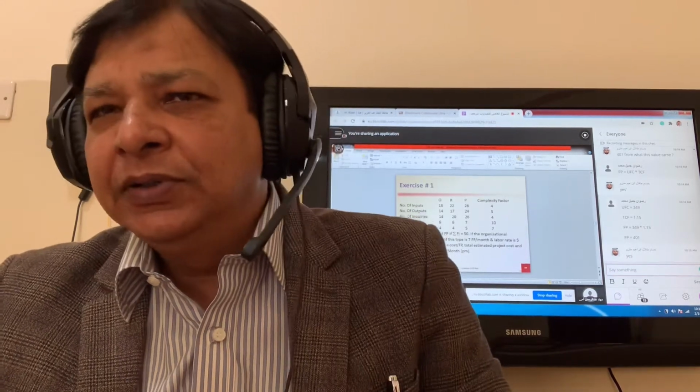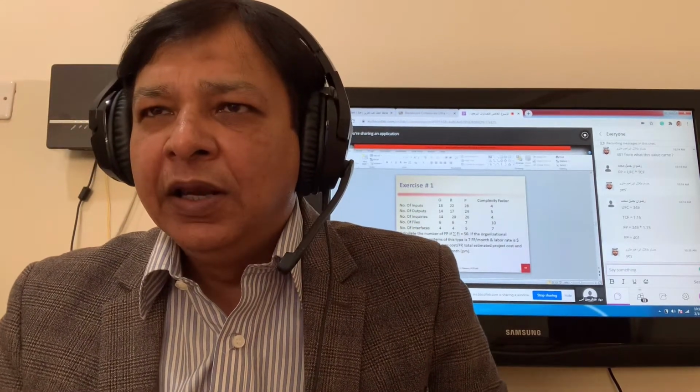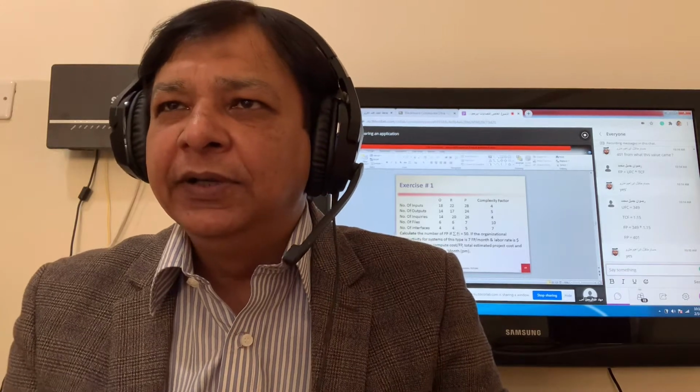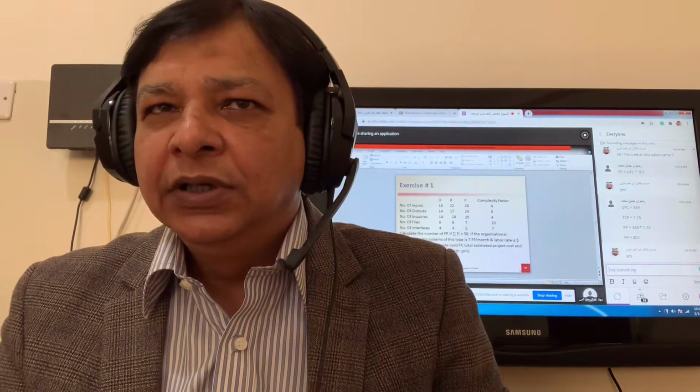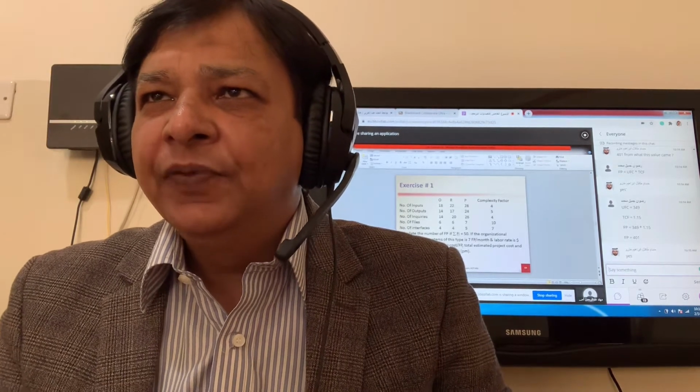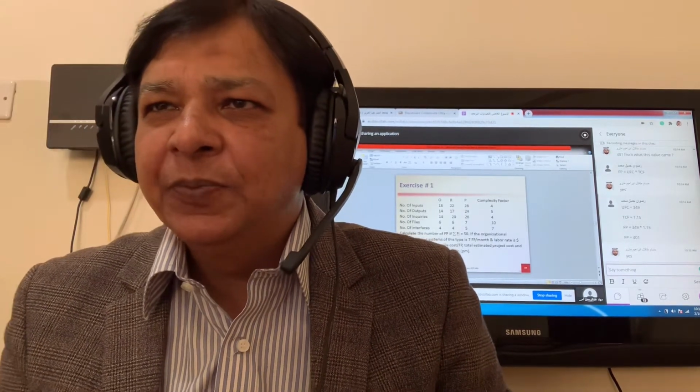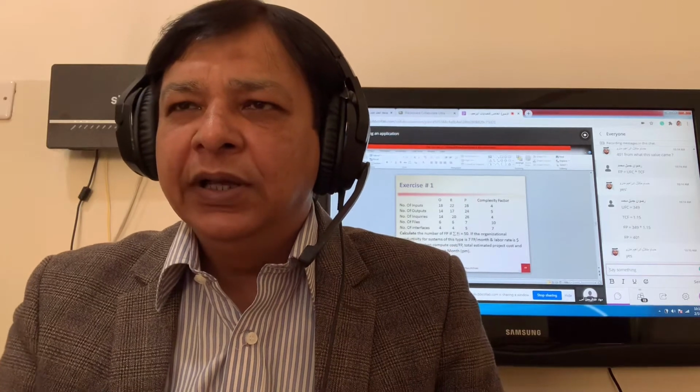So we calculated cost per function point, how much money they are spending to develop one function in 1 month. Cost per function point is equal to labor cost divided by productivity, 4,000 divided by 7. That is $571 to develop one function in 1 month.